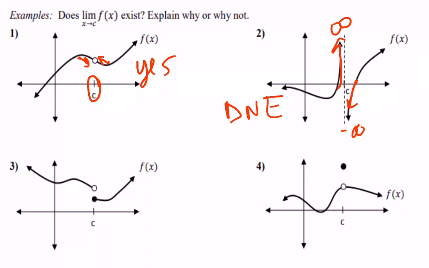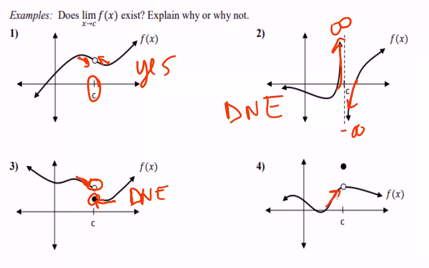In number 3, as I approach from the left, I'm going towards this y value, and as I come from the right, I end up here, and since those aren't the same y value, we would say no, the limit does not exist. Which is different than example 4.